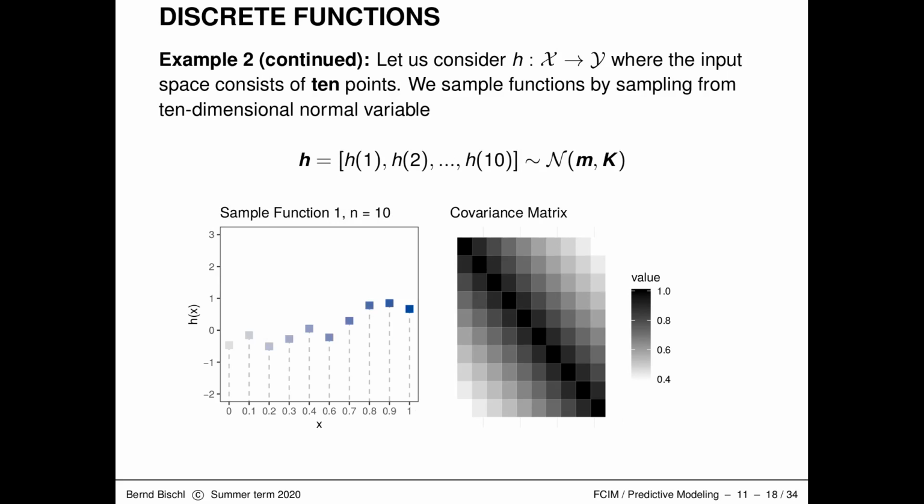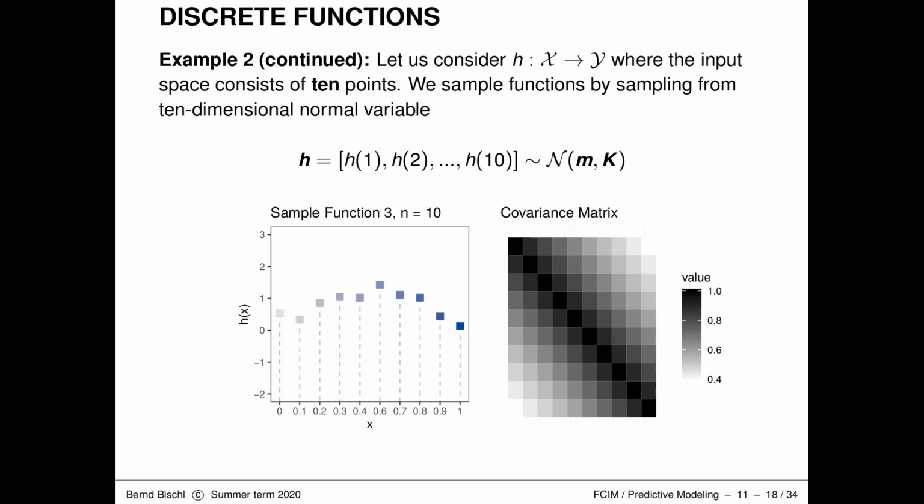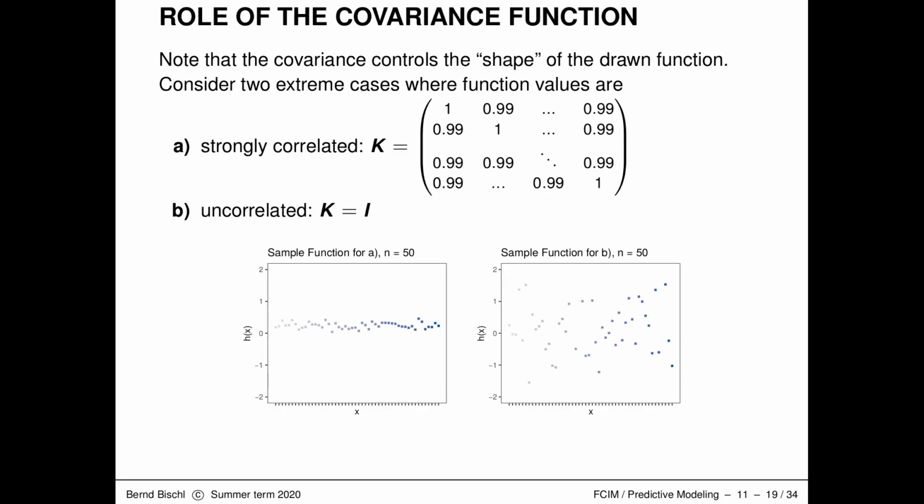Or we can do this with 10 points with a similar covariance matrix structure, again, sampling points. And again, you can see how that feels. What is the role of this covariance matrix? I want to pretty quickly talk about generating functions for such a covariance matrix.